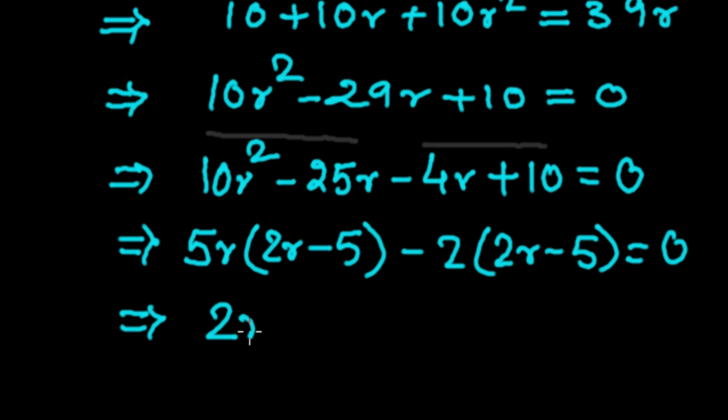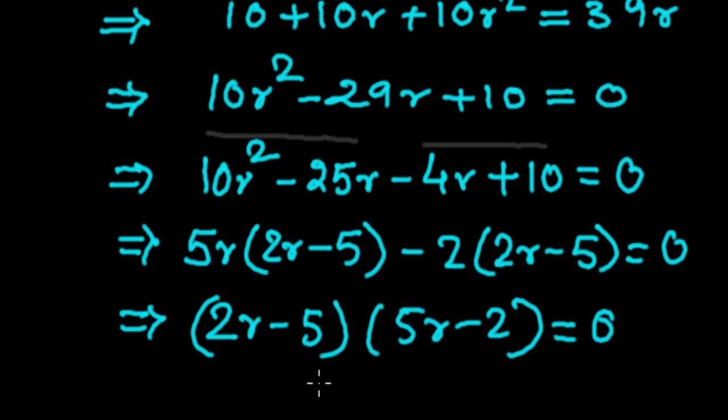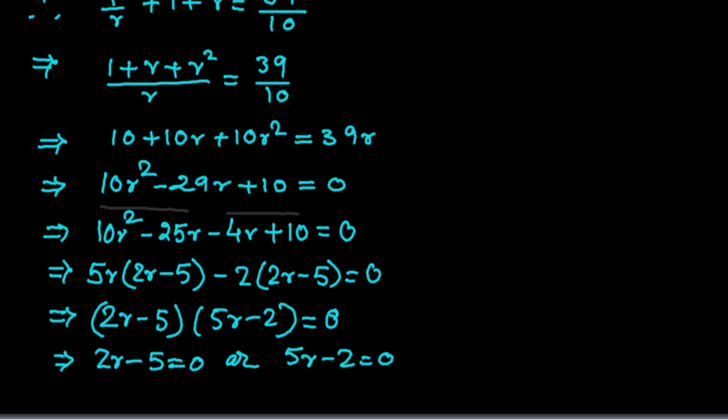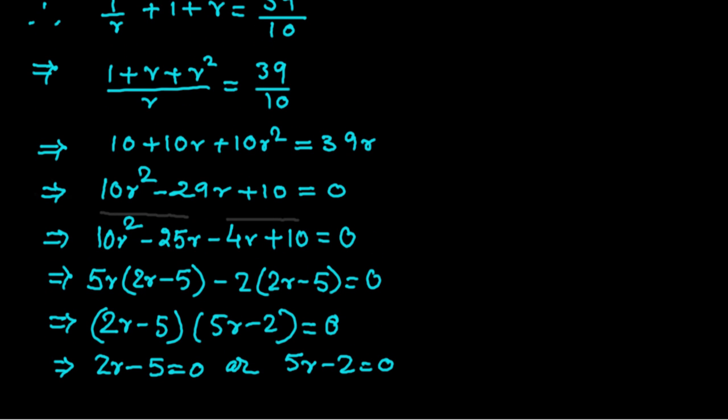So (2R minus 5)(5R minus 2) is equal to 0. So we will get 2R minus 5 is equal to 0 or 5R minus 2 is equal to 0. Therefore, R is equal to 5 by 2 or R is equal to 2 by 5.